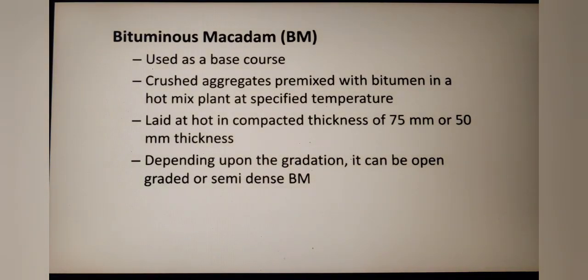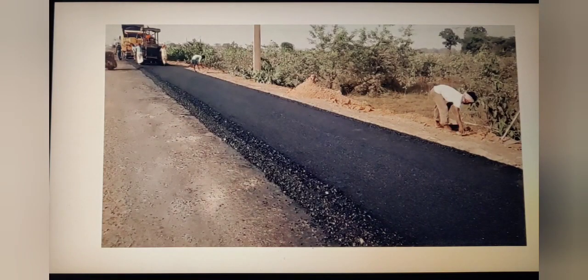The third step is laying, that is the hot bitumen is laid in a compacted thickness of 75 mm or 50 mm. Depending on the gradation, it can be open graded or semi-dense bituminous macadam. This is a figure showing the bituminous macadam road.